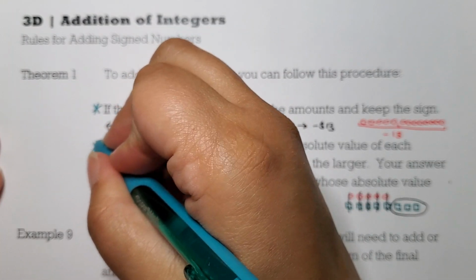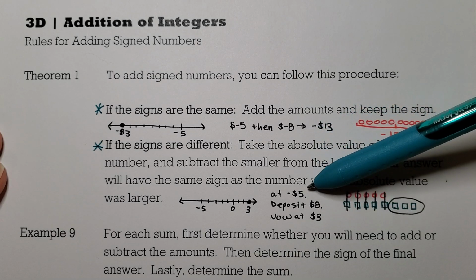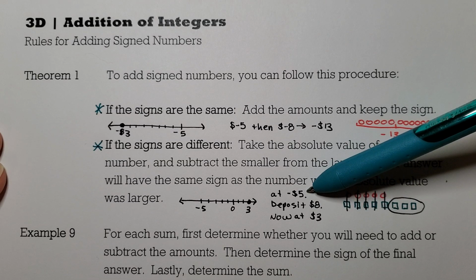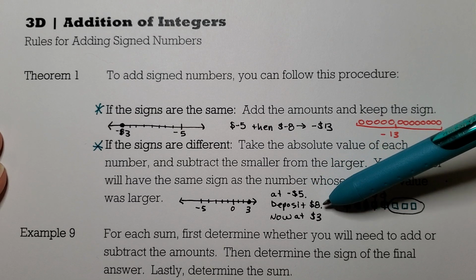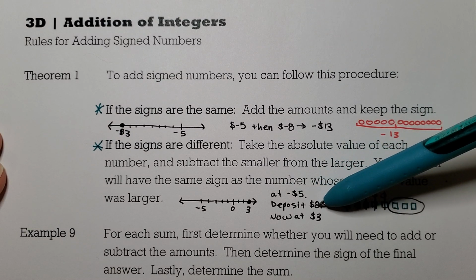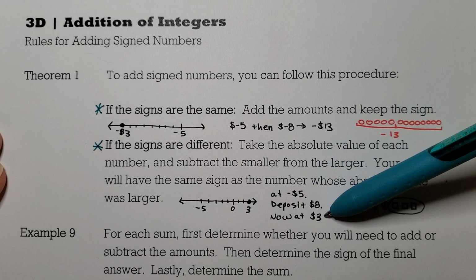Now, if the signs are different, things are opposed to each other. So for example, if I have -$5 in my bank account and I deposit 8, one of these is a bad and the other is a good, right? So they're opposed to each other. In the end, I wound up putting more money in than what I had overdrawn, so I end up with a positive.